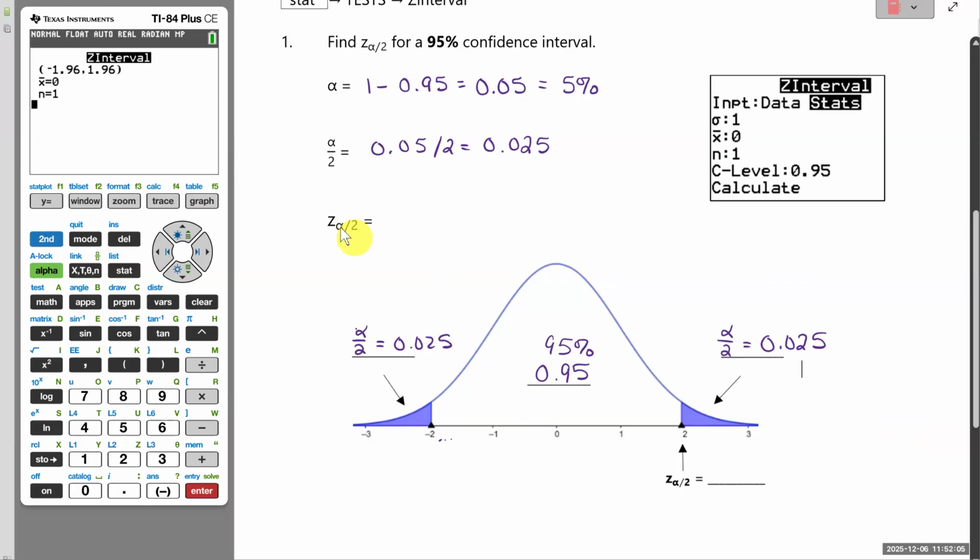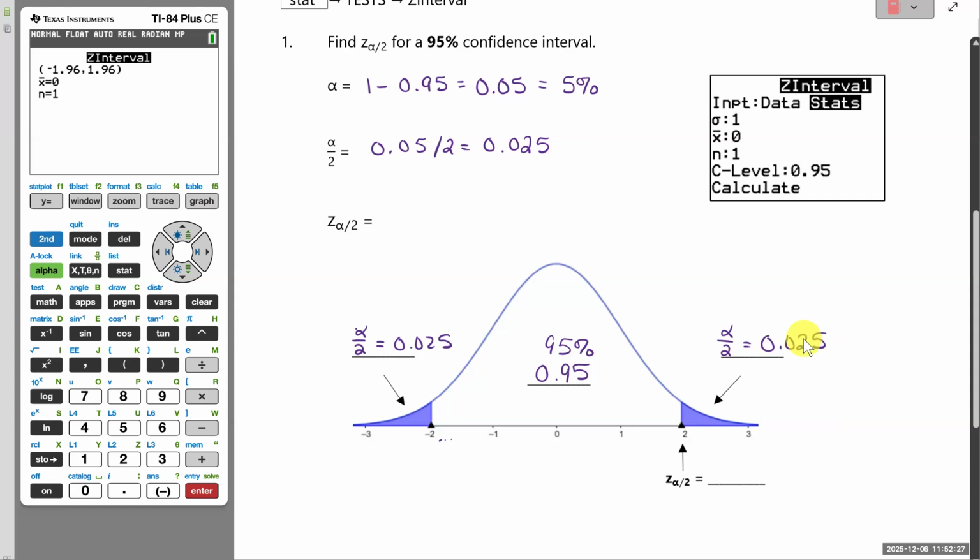Okay, so this notation. When we have a subscript on a z-score, that subscript indicates the area to the right of the z-score. It's called Z alpha over 2 because it's the z-score such that an area of alpha over 2 is to the right of it.